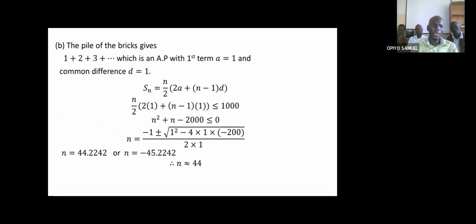Then in part B, we have 1,000 bricks, and they are supposed to be piled. And this is how the piling will be. We should have 1 brick in the first row, 2 bricks in the second row, then 3 bricks in the next row.